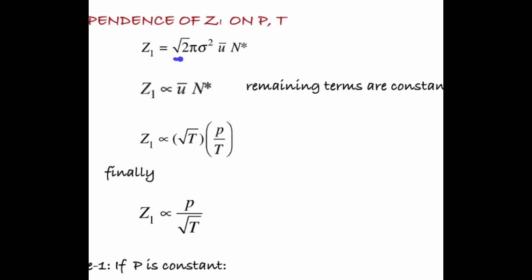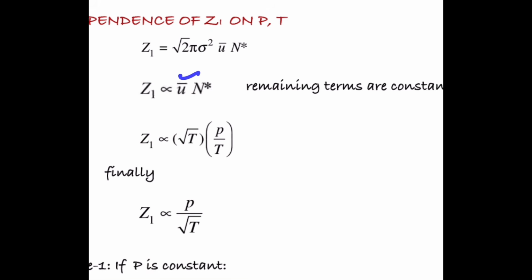In this expression, root 2 is constant, pi is constant, sigma collision diameter is also constant. Now let us expand U average and n star.